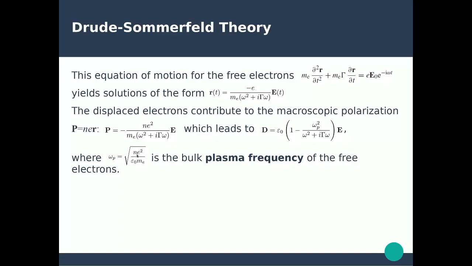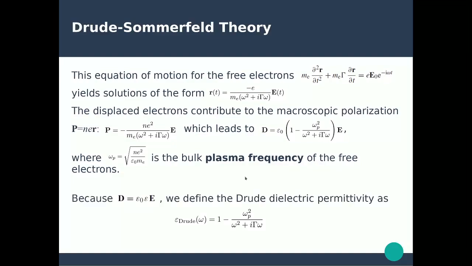So this is material dependent. It's going to be different for silver, gold, copper, or aluminum. This is the charge of the electron, the mass of the electron, and the vacuum permittivity. So this quantity omega p is known as the bulk plasma frequency. So this is a quantity which is material dependent.